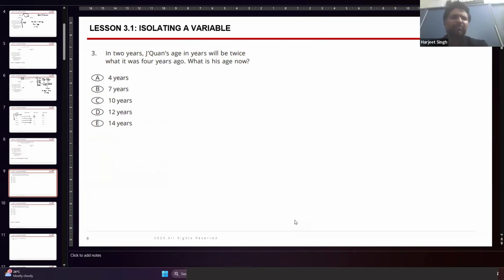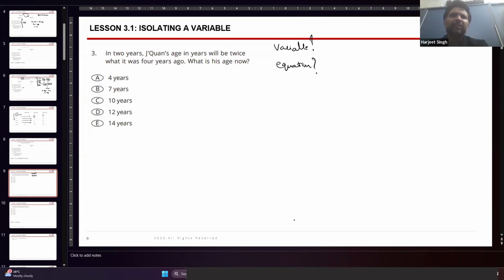So this is a word problem. You can expect word problems as well. In 2 years, Yuan's age in years will be twice what it was 4 years ago. So what is the age now? In word problems, first of all, understand and identify the variable. Second is the equation.